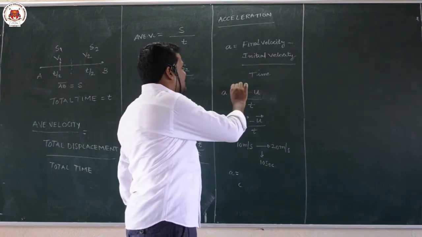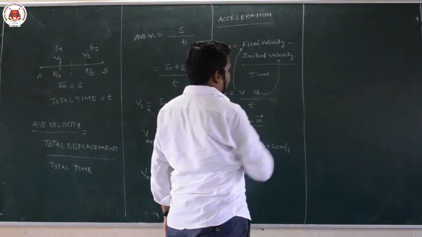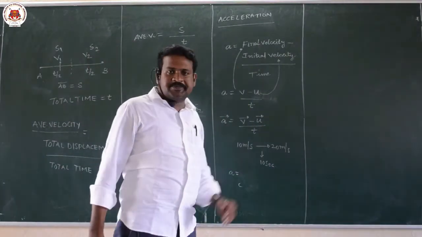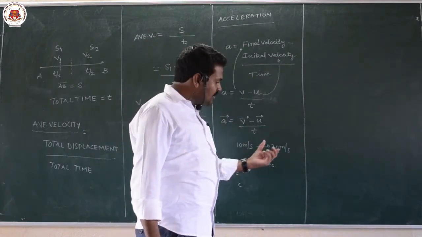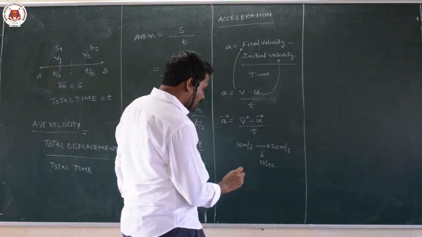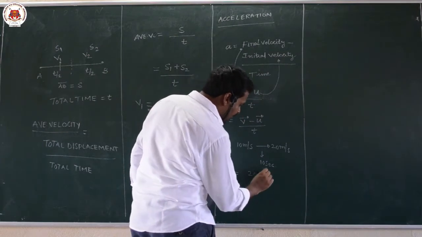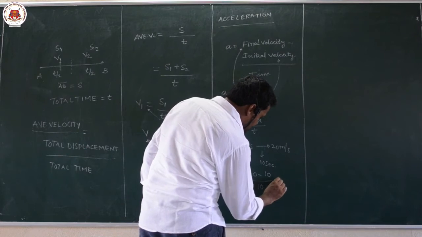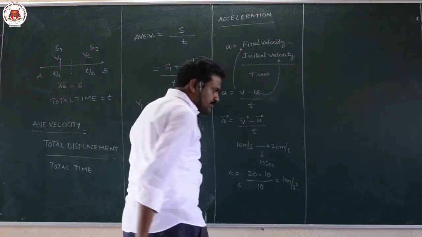Here v stands for final velocity, u stands for initial velocity, and t stands for time taken. Your initial velocity was 10 meter per second, increased to 20 meter per second in 10 seconds. Therefore a is equal to v minus u by t, which is 20 minus 10 by 10. So the answer is 1 meter per second square. This is your acceleration.